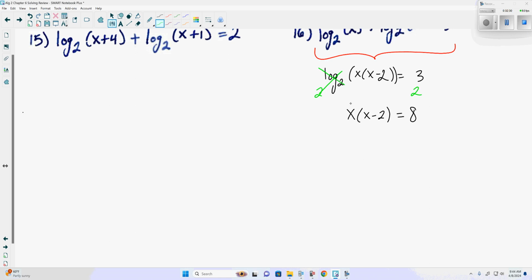Now on the left-hand side, we can distribute. x times x is x squared. x times negative 2 is negative 2x, is equal to 8. And we would subtract 8, telling us x squared minus 2x minus 8 is equal to 0.